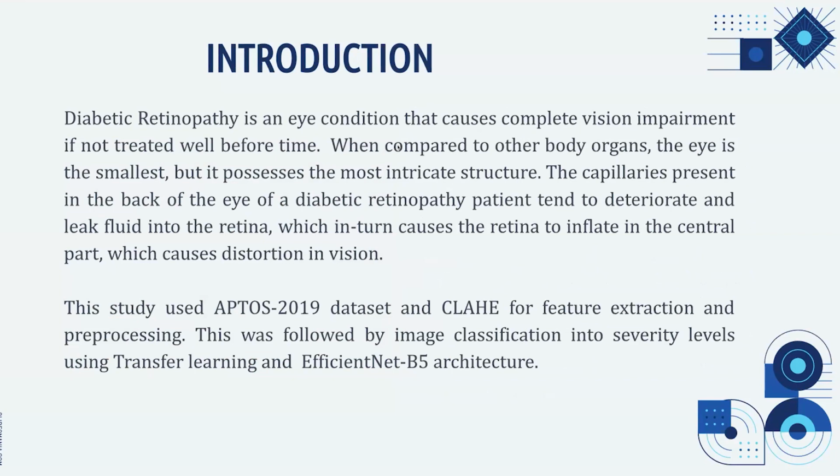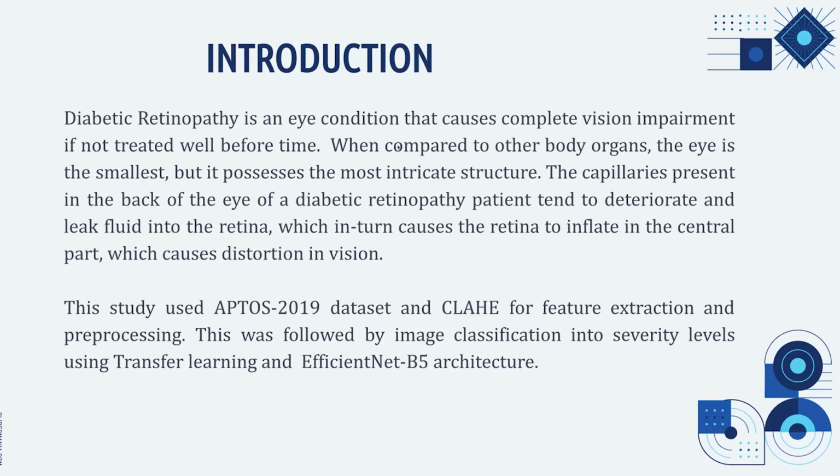So now in deep learning, in our study, we have implemented deep learning to categorize the intensity of diabetic retinopathy using neural networks and transfer learning. The Aptos 2019 data set was used in this work.